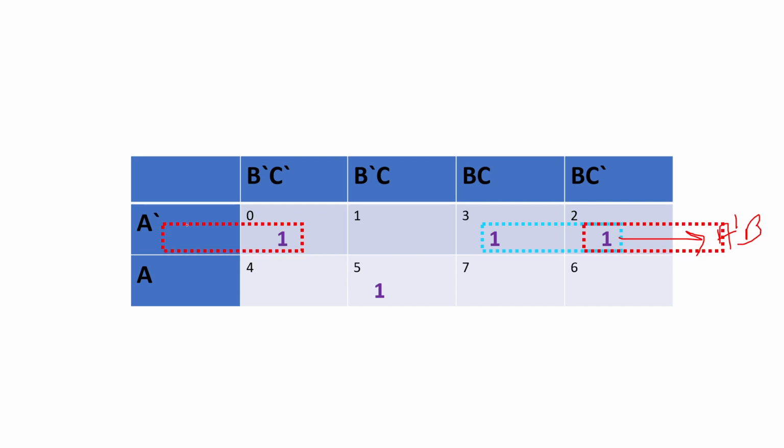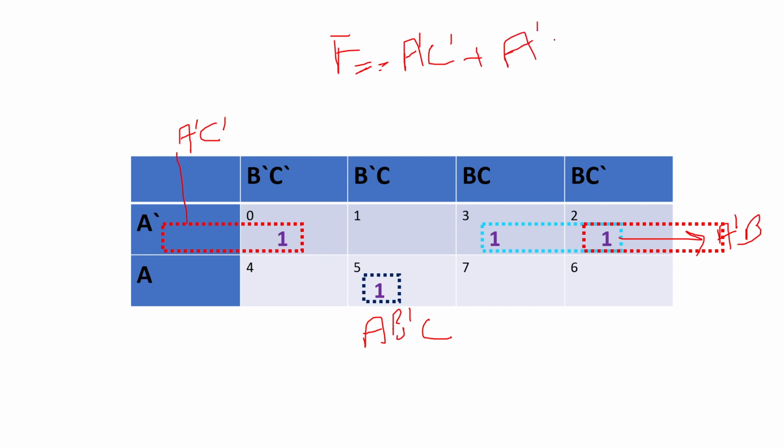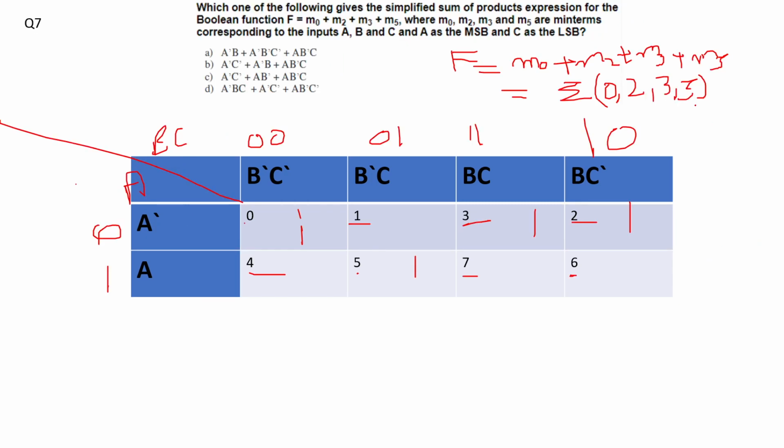Then from this pair we have A dash C dash, and this term is A B dash C. So my final output will be A dash C dash plus A dash B plus A B dash C. So my final answer is A dash B plus A C dash plus A B dash C. That is option B. So option B is my correct answer.